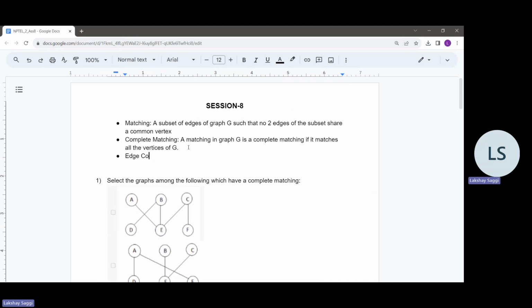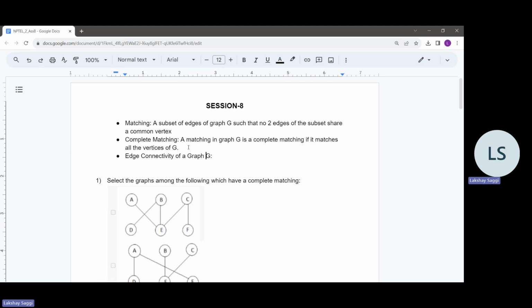So edge connectivity of a graph G. What is intuitively the edge connectivity of a graph G? Edge connectivity essentially says what's the minimum number of edges which we need to remove from the graph.